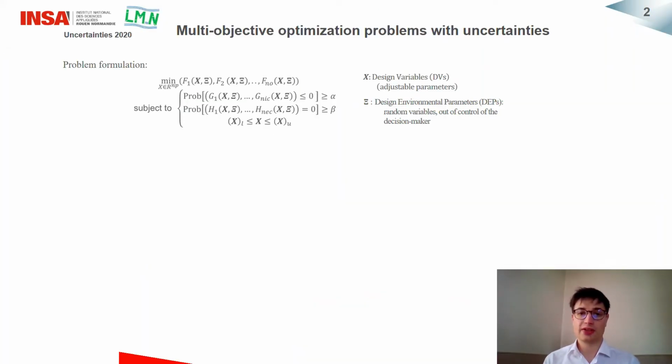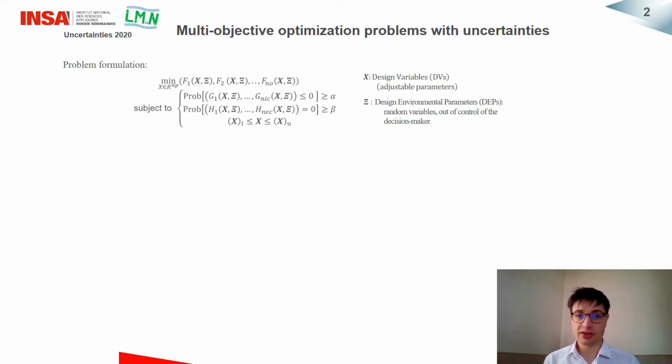First of all, let's define some vocabulary. Here you can see a multi-objective optimization problem with uncertainties definition, where we have a set of performance functions we want to minimize that depends on design variables, which is something we control, and design environmental parameters, or DEPs, which are our random variables that we don't control.